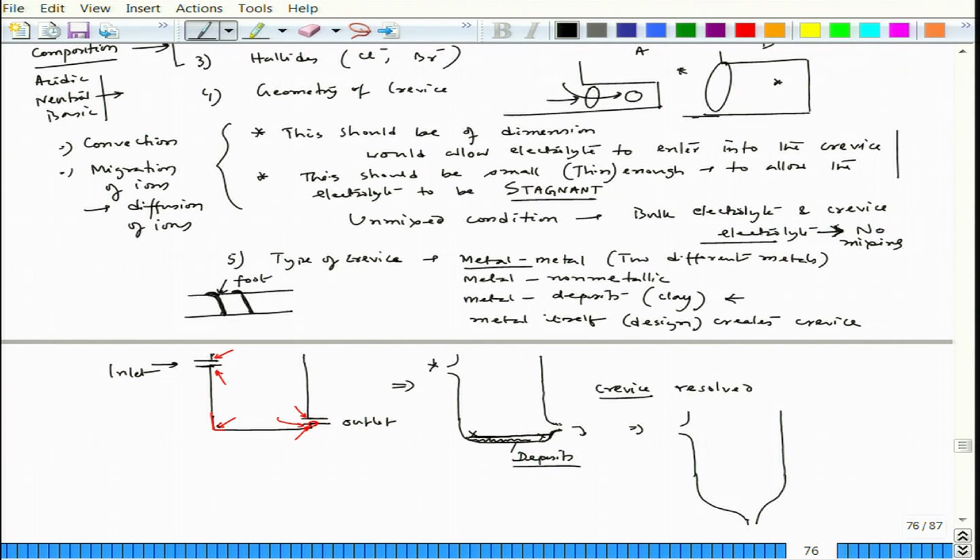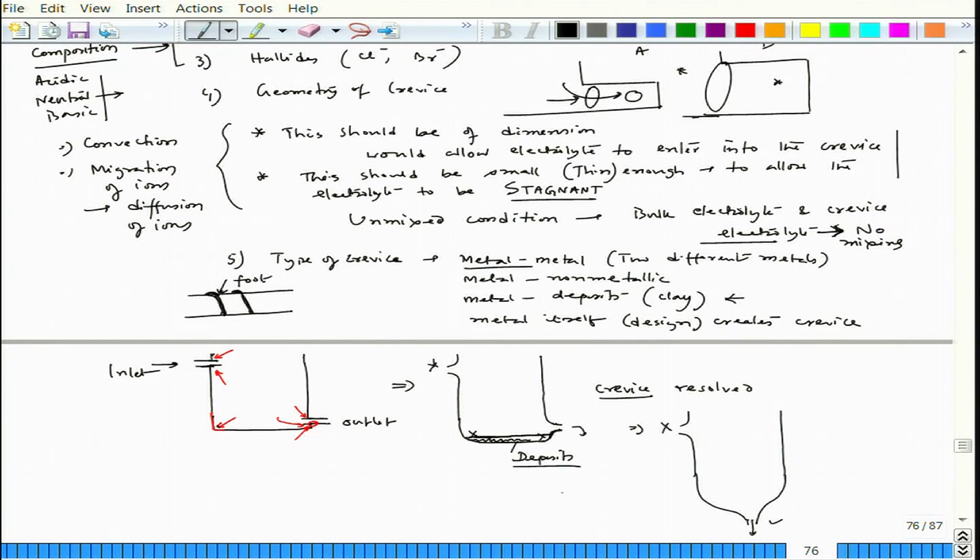Instead of having the water outlet from the side, we can have the water outlet from the bottom. So, now we make such a design. If you want to clean it, you just close this part, open this part, and create a little bit of churning, and the entire deposit will go out.